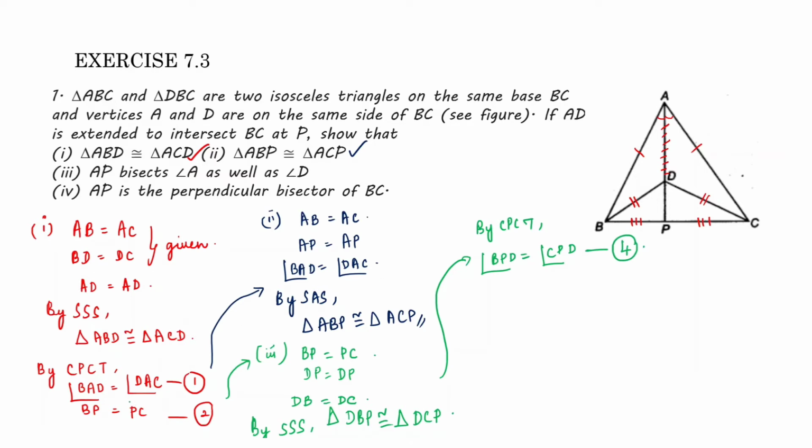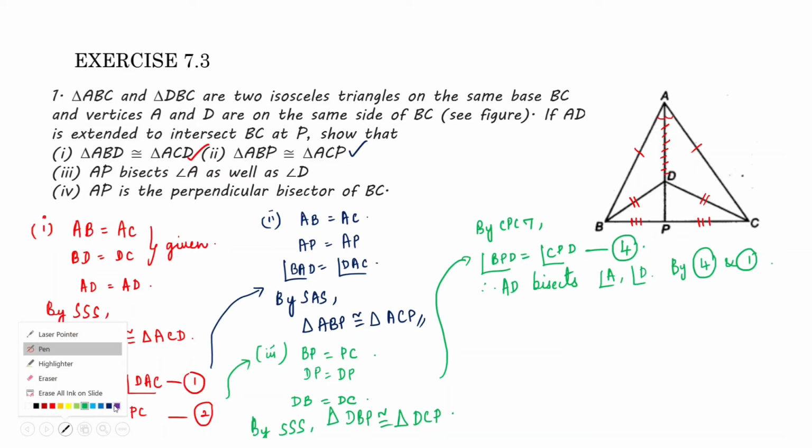Now, from equation number 1, that is angle BAD is equal to angle DAC, we see that side AD bisects angle A into two equal halves. Also, from equation 4, we see that AD also bisects angle D into two equal halves. Thus, it is proved that AD bisects both angle A and angle D by equation 4 and equation 1.